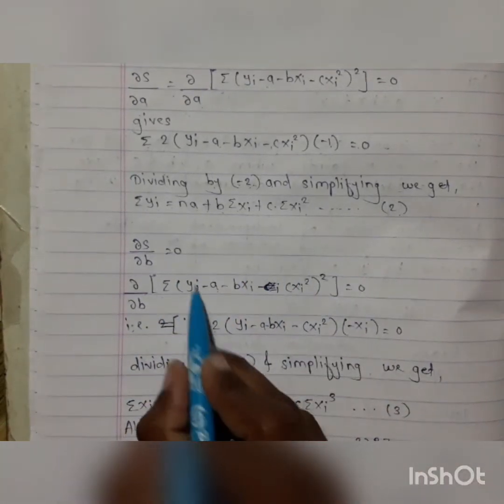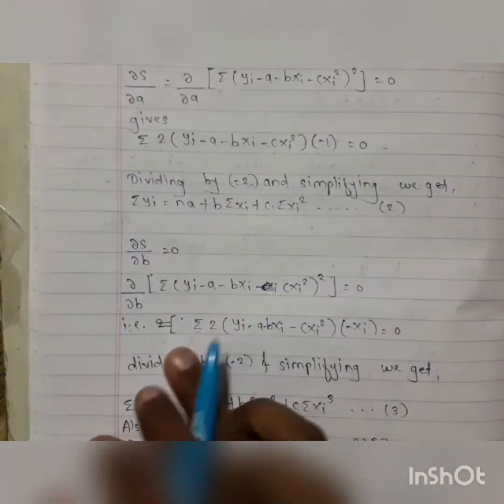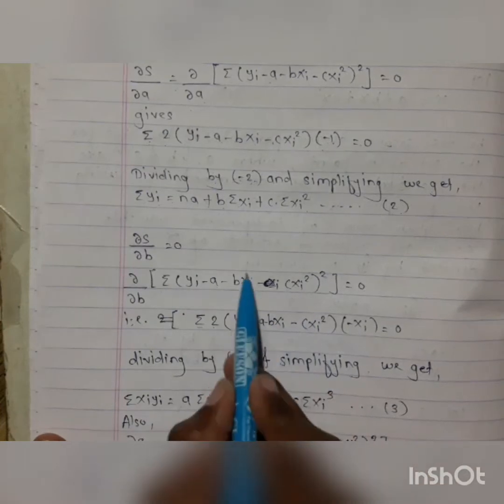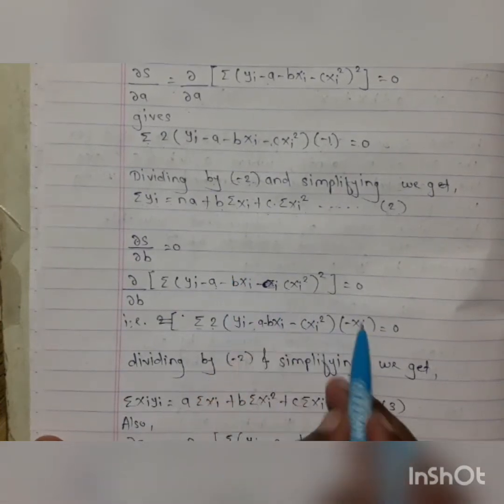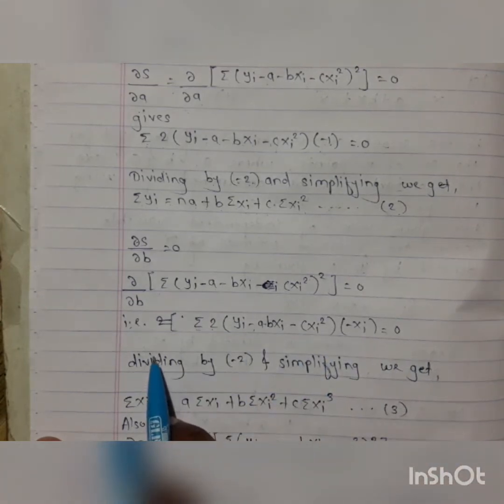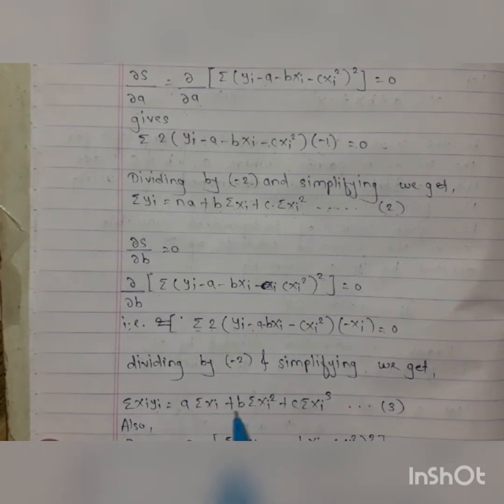Differentiation gives summation 2 into (yi minus a minus bxi minus cxi square), and differentiation of minus bxi is minus xi, equal to 0. Also, divide this term by minus 2 and simplifying, we get summation xi yi is equal to a into summation xi plus b into summation xi square plus c into summation xi cube. This is denoted as equation number 3.